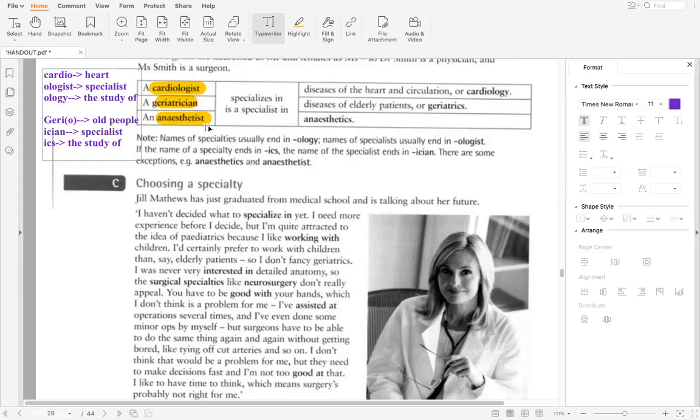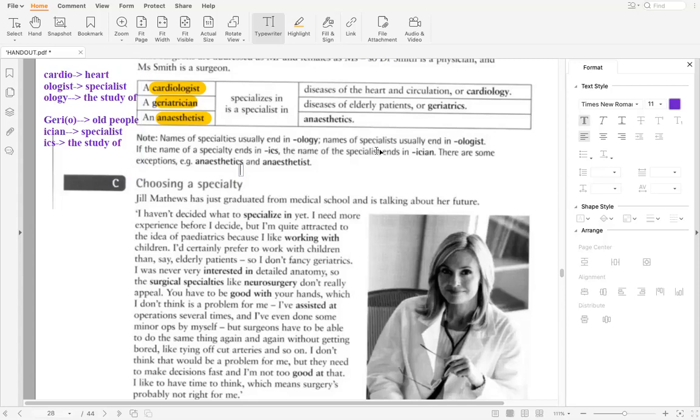An anesthetist. We have taken also anesthetist comes from anesthesia, right? مخدر. So an anesthetist is specialized in anesthetics, right? So here in this part, names of specialities usually end in ology because it means study of.